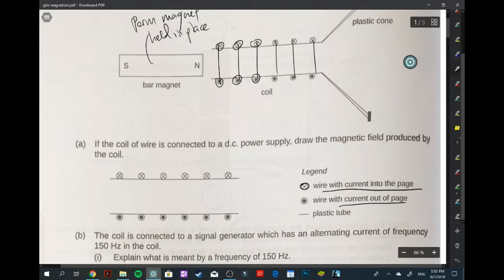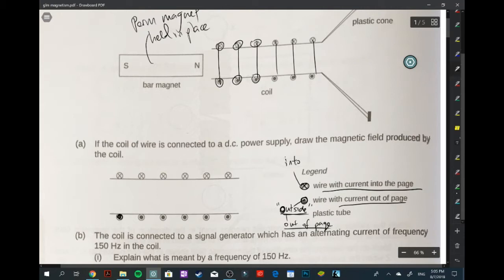Remember, X is always going inside, into the page, and the letter O stands for outside. The dot stands for outside, and outside means it's going out of page. So current is coming out here.